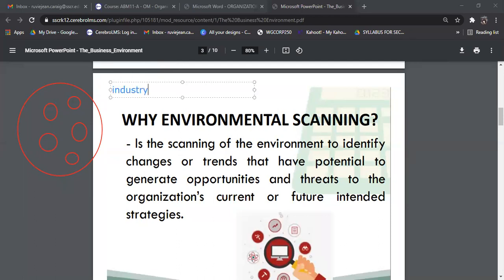Okay? Yan. So itong circle na to, mali yung ginamit ko na ano. Oh, one more. So we have industry. Okay? Itong buong circle na yan, industry ang tawag natin dyan. This is what we call the industry.